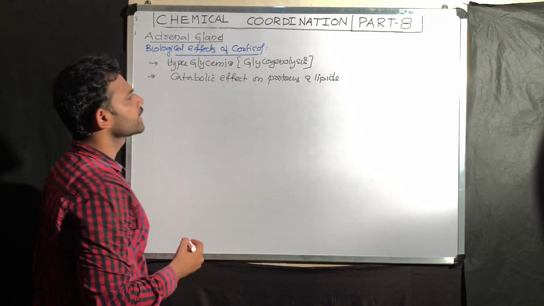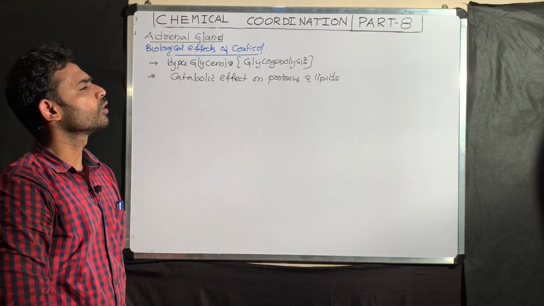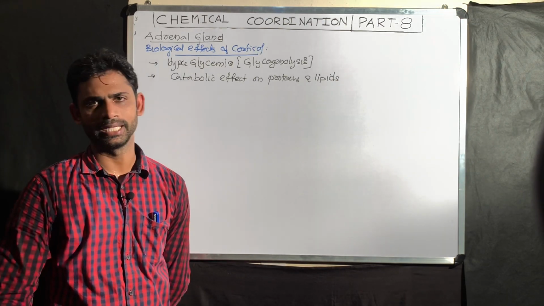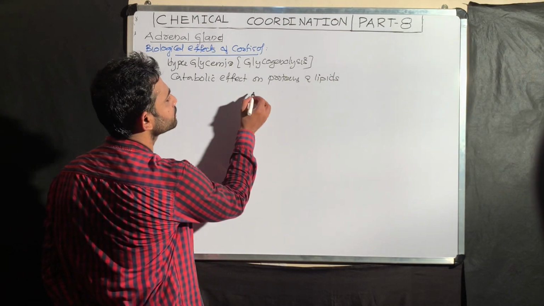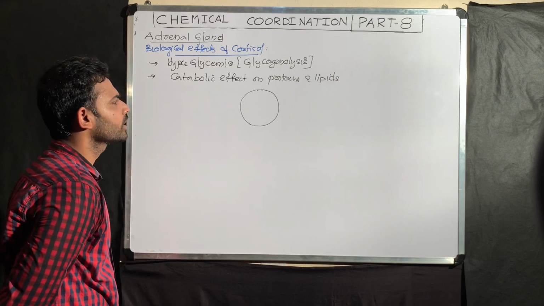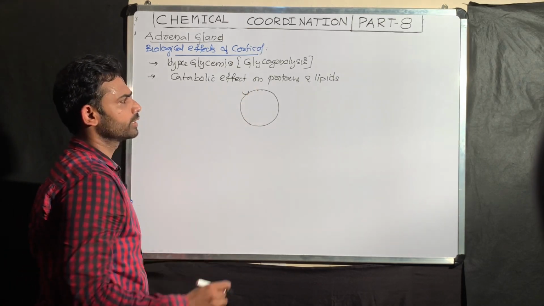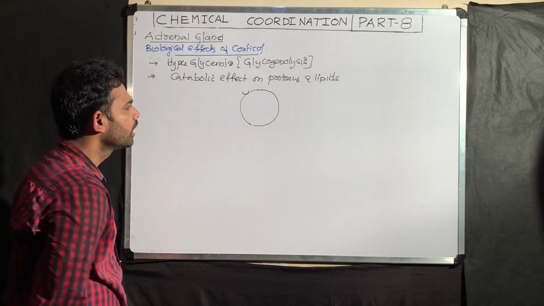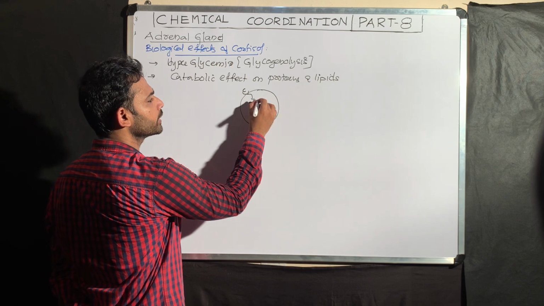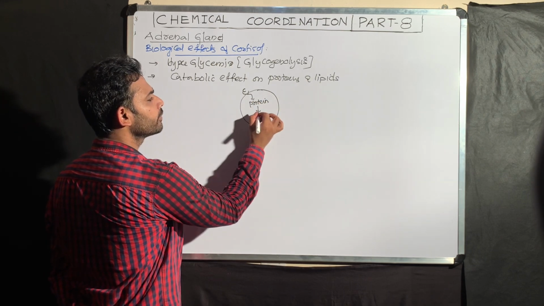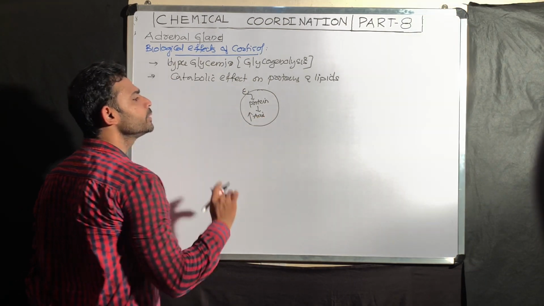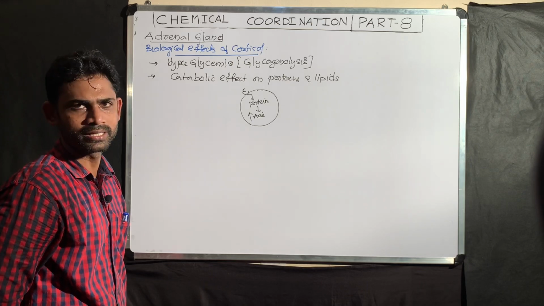Consider this is a cell, the target cell for cortisol, and outside is the blood. Once cortisol comes and binds to the cell, it influences the breakdown of protein. When proteins break down, a number of amino acids are formed. That means inside the cell there is a high amino acid concentration.